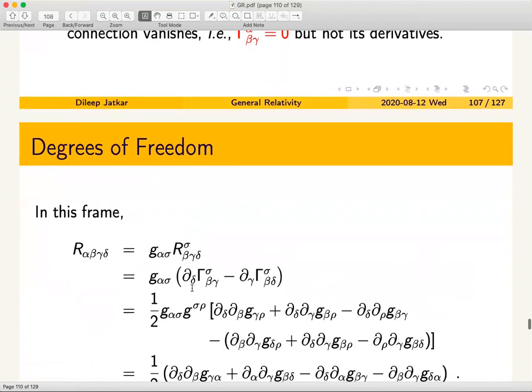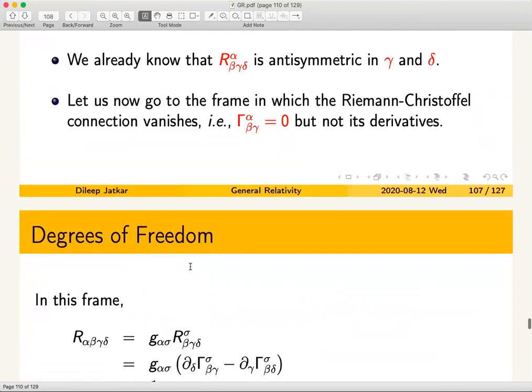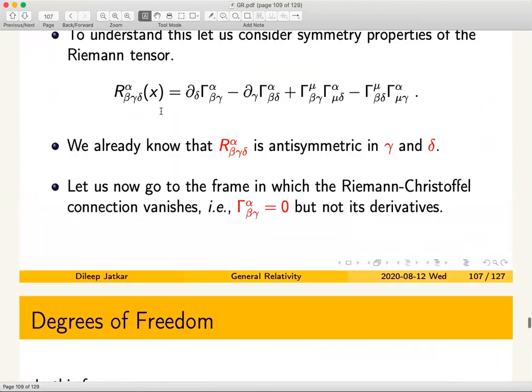What we are interested in is actually looking at a Riemann tensor with all covariant indices. Now our original definition of the Riemann tensor, which is what is written up here, had one index contravariant. That was partly because it was written in terms of the Riemann-Christoffel connections, and the Riemann-Christoffel connection typically carries one contravariant index.